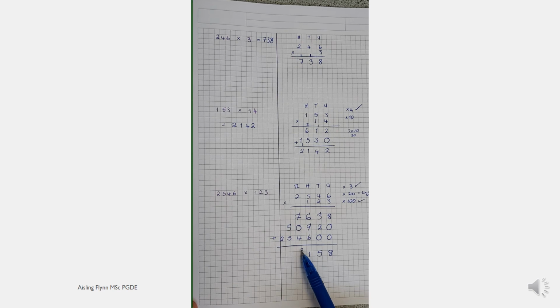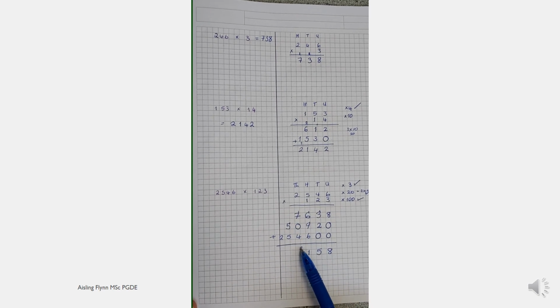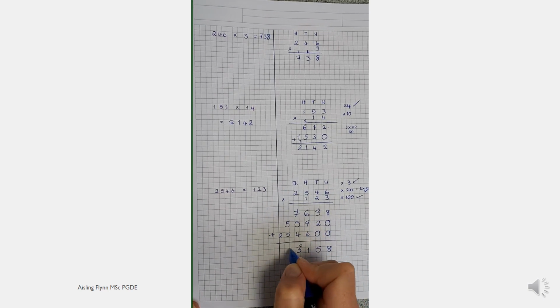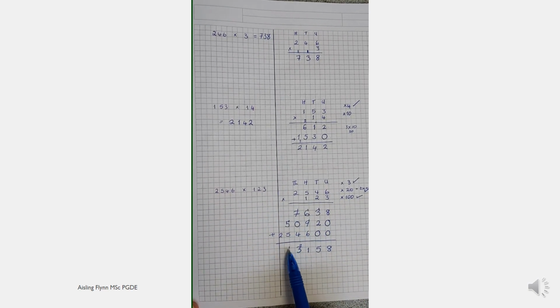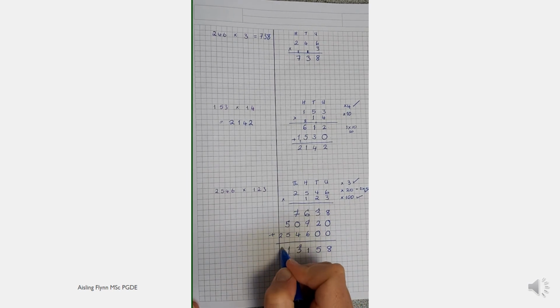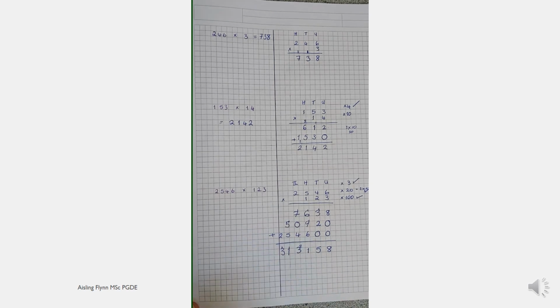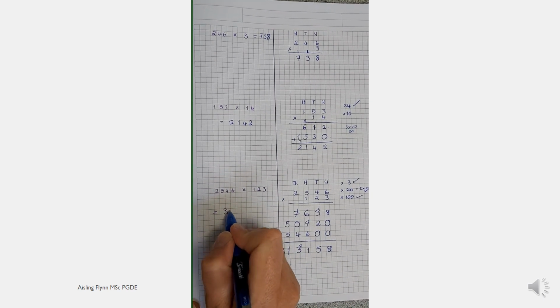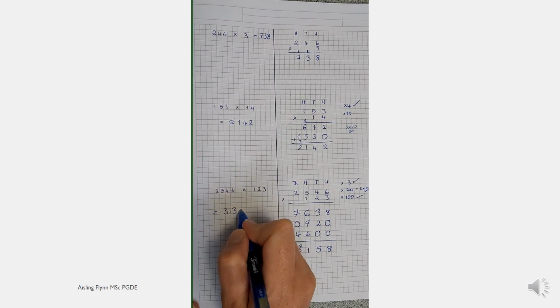You can place them wherever you like. 7 plus 4 is 11, and 2 is 13. So 3 and 1. 5 and 5 is 10, and 1 is 11. And carry your 1, and 2 and 1 is 3. So a large multiplication there, 313,158.